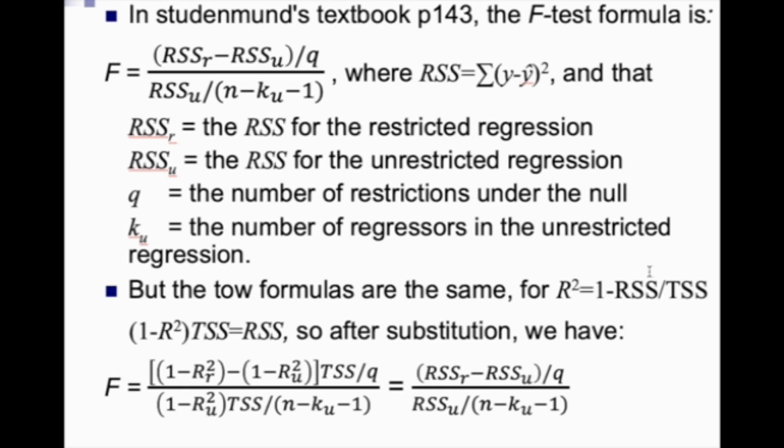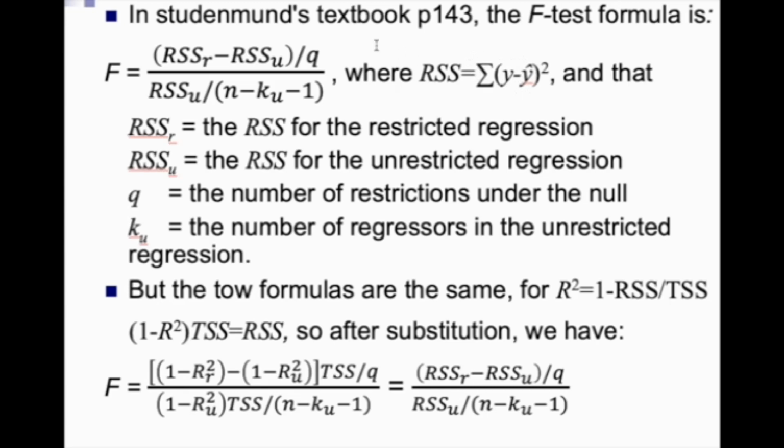All right, so there's another formula. The F-test is expressed in terms of the residual sum square under the restricted model, subtracting the residual sum square under the unrestricted model. We know the residual sum square is nothing but the distance by which the observed values deviate from the regression line, squared, and we add them all together.